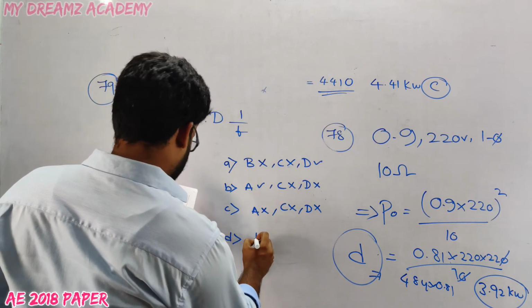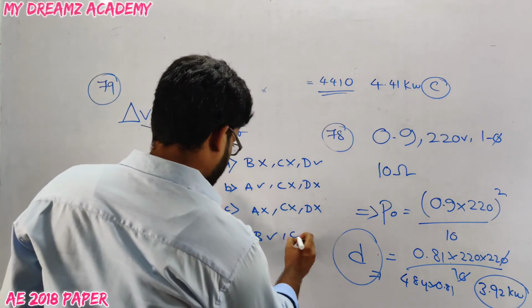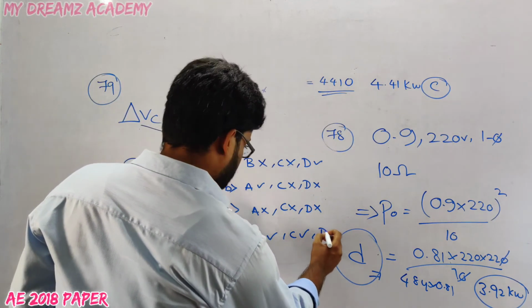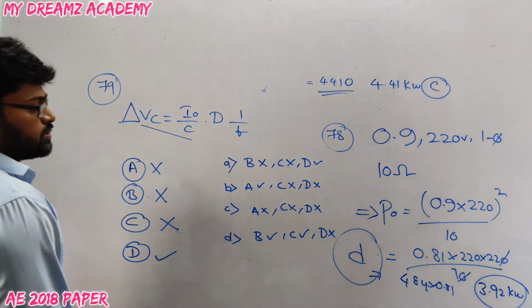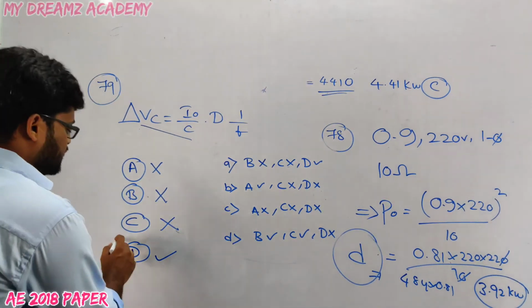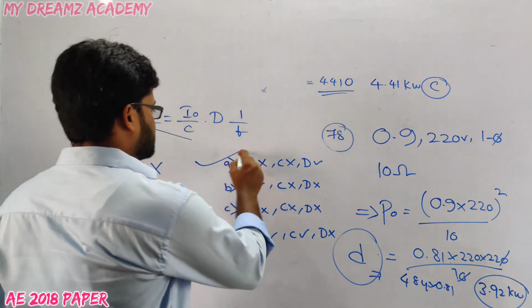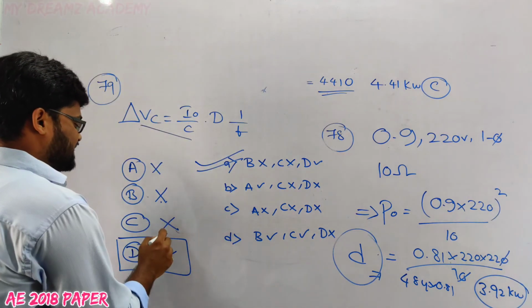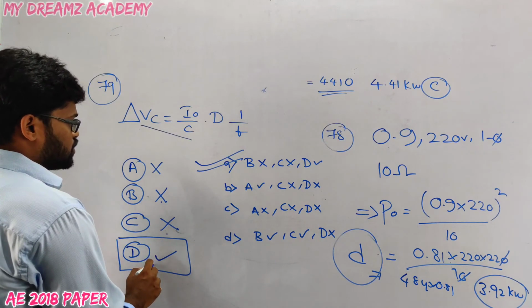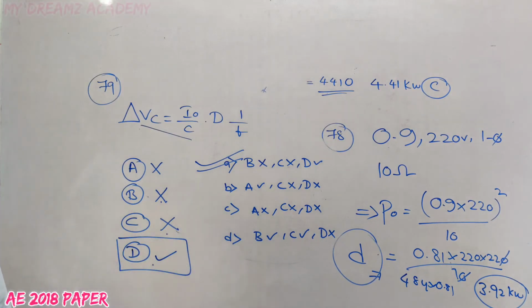Option D: B true, C true, D false. So the only option which is giving D as true is the correct one. B is false, C is also false, but D is true. So this is question number 79.